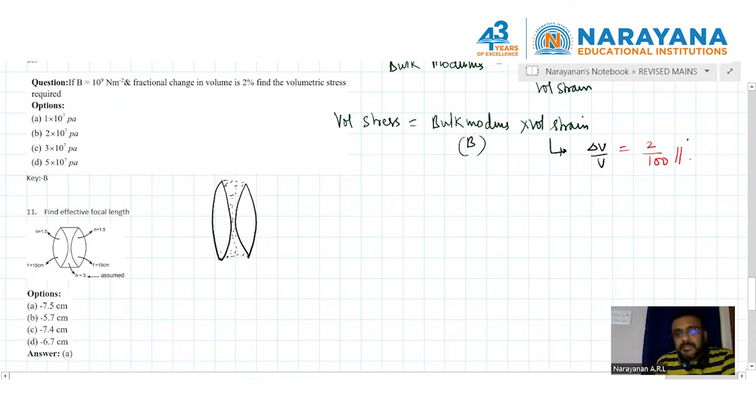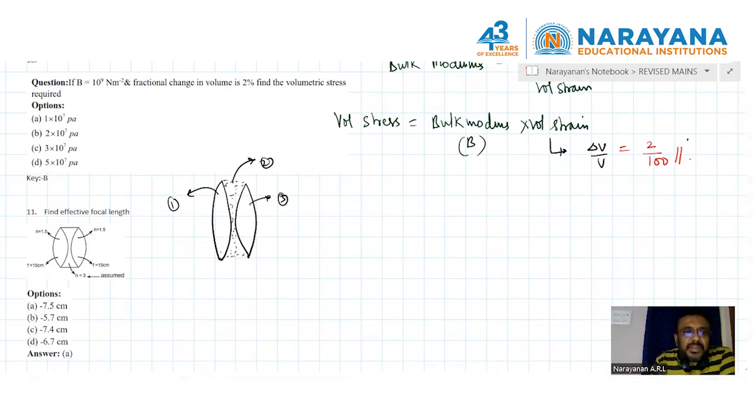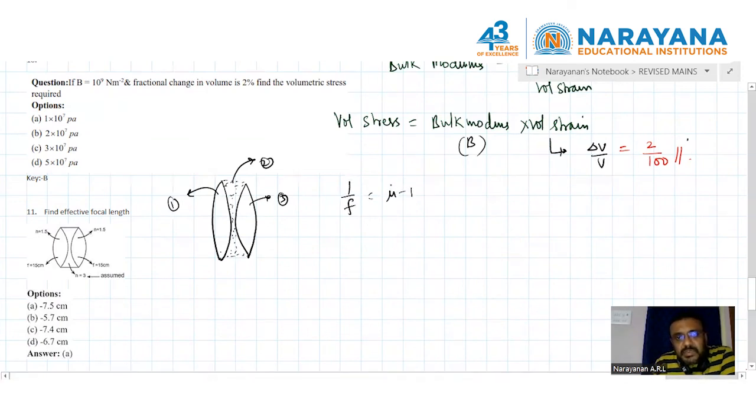So this filled part will behave like one more lens. This is lens 1, this is lens 2, lens 3. How can we calculate the focal length? 1 by f is nothing but mu minus 1 into 2 by r.